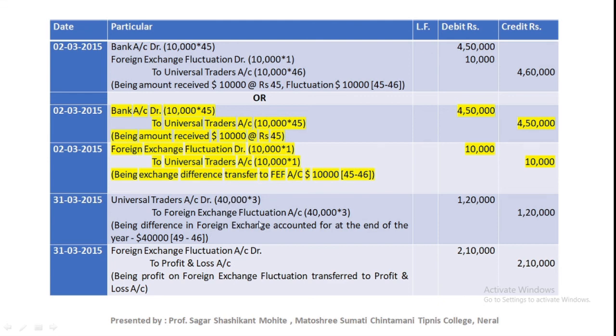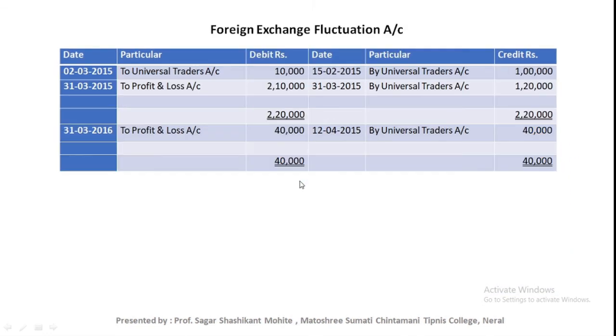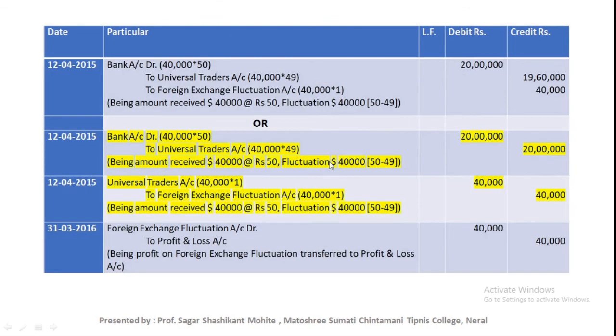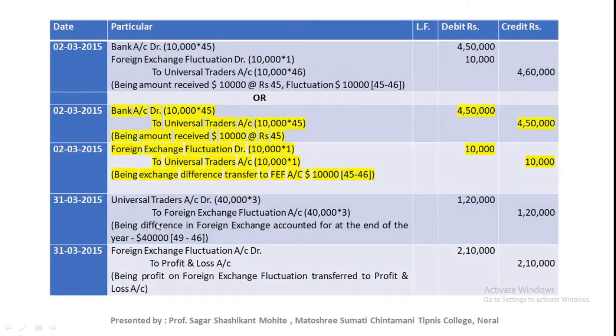After adjusting the rate of exchange at the year end, we need to close the foreign exchange fluctuation account and transfer that balance to the profit and loss account. In the journal entry for the adjustment of the rate of exchange, the foreign exchange fluctuation account is credited.